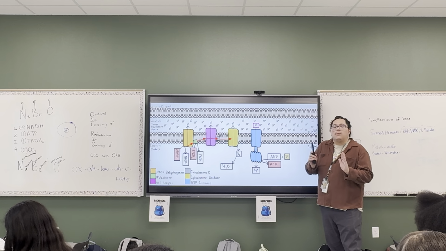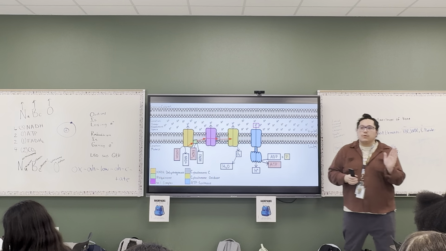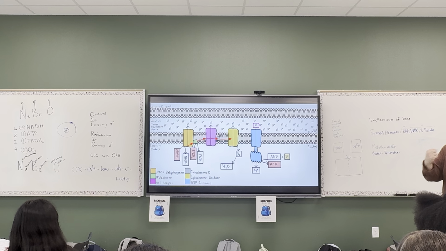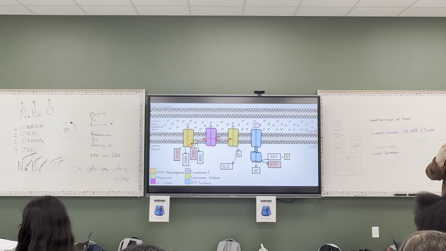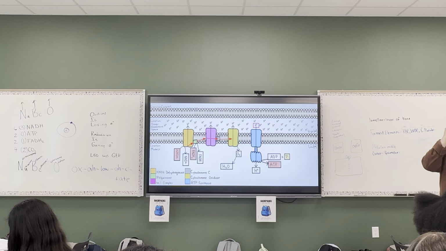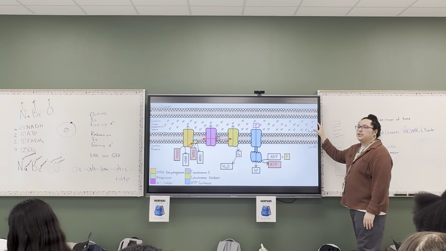That's the whole point. We use glucose, we cut it up, and whatever's left is just electron carriers, NADH, FADH. We use that energy, the electrons, to pump across what? Hydrogen ions.